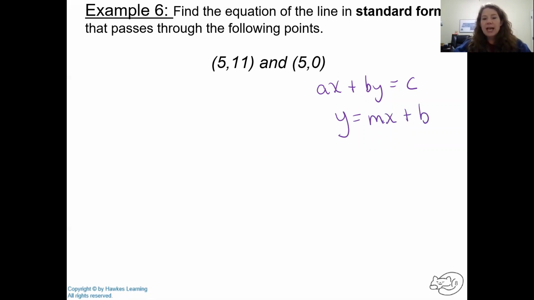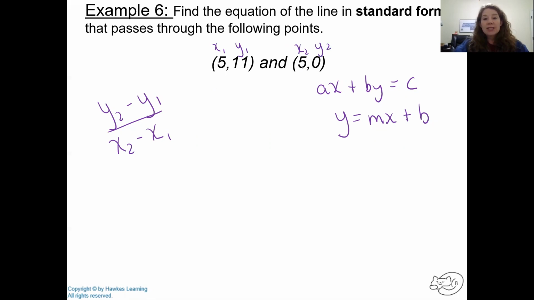So the first thing I have to do is figure out the slope of the line, right? So that's when we use the y2 minus y1. Remember, this is the slope formula, when I'm given 2 points, I have to use this formula. So let's label these. This is going to be x1 and y1, and this will be x2 and y2.